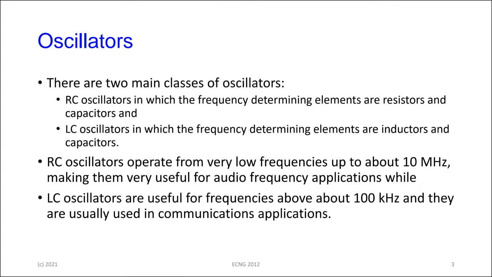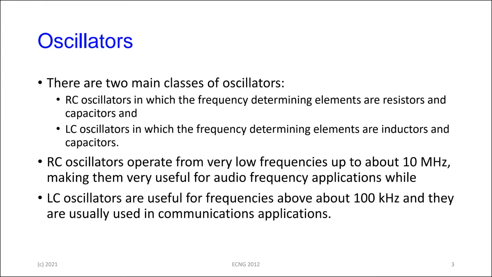Right? There are two main classes of oscillators. There are those that use a resistor capacitor network of some form to set the oscillation frequency, and there are those that use an inductor capacitor arrangement to generate the frequencies as well.